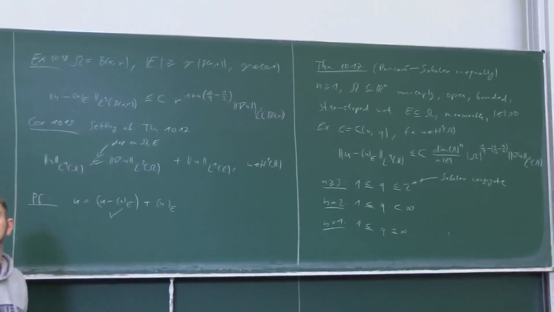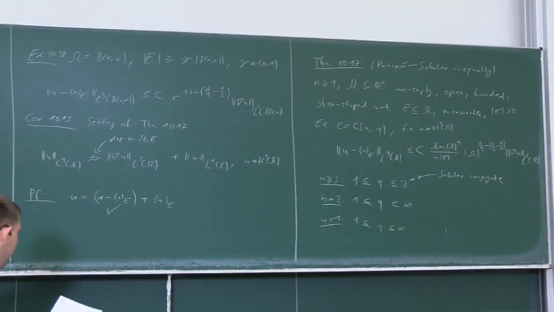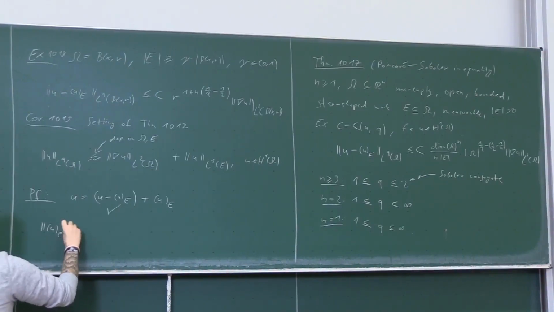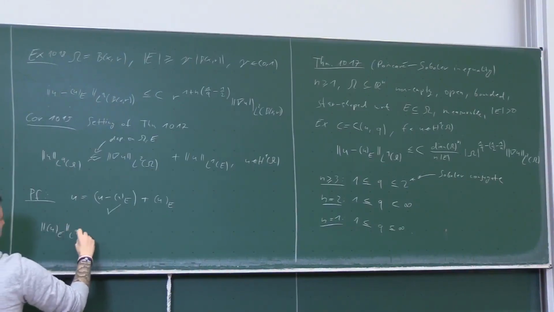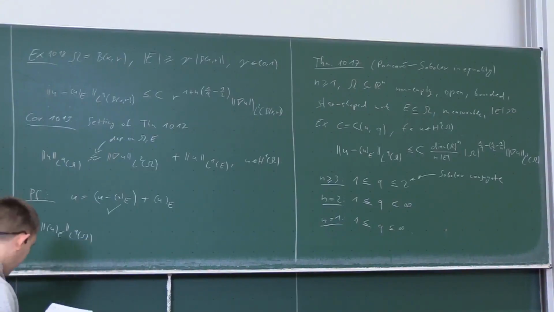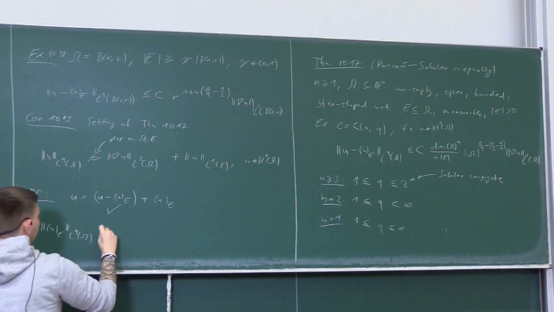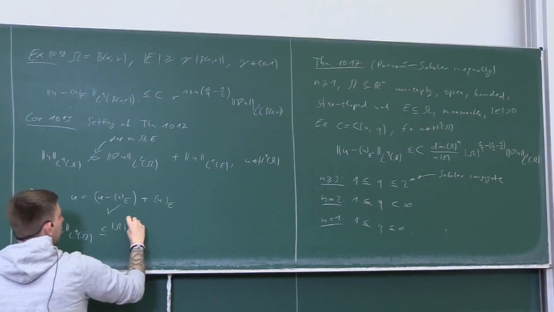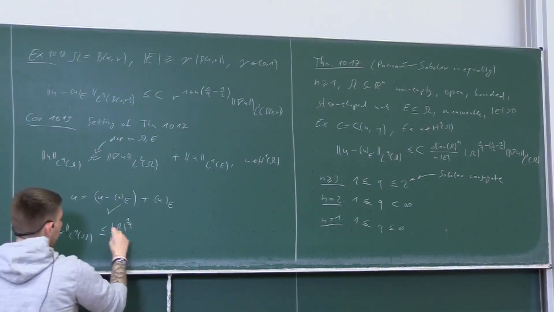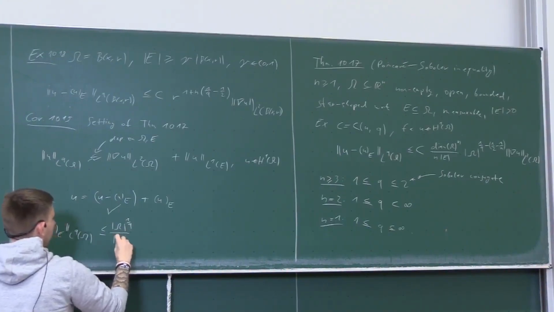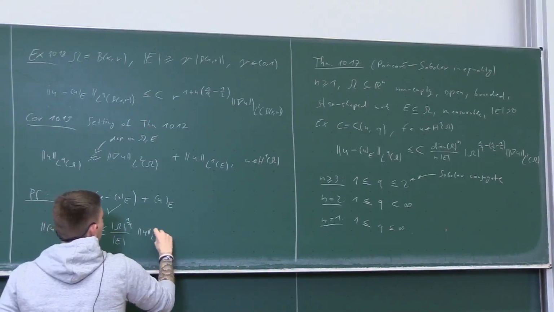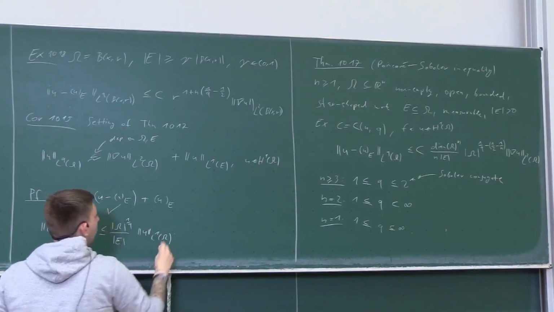What happens with the second part? Well, for this you can just use some trivial inequalities. You can say that the average in Lq of omega is just controlled by the measure of omega to the 1 over q over e, and you get u in the L1 of omega norm.